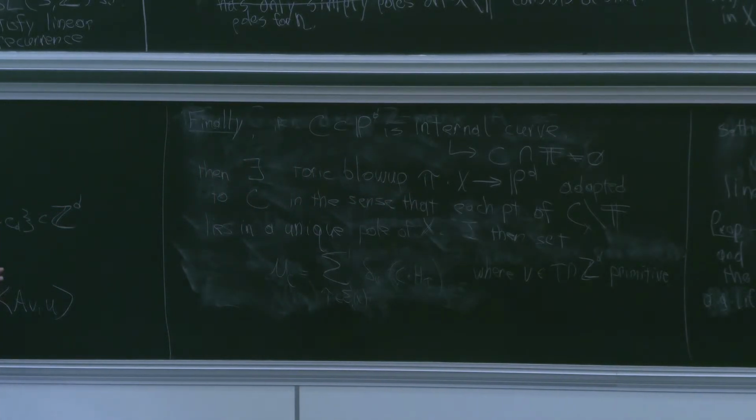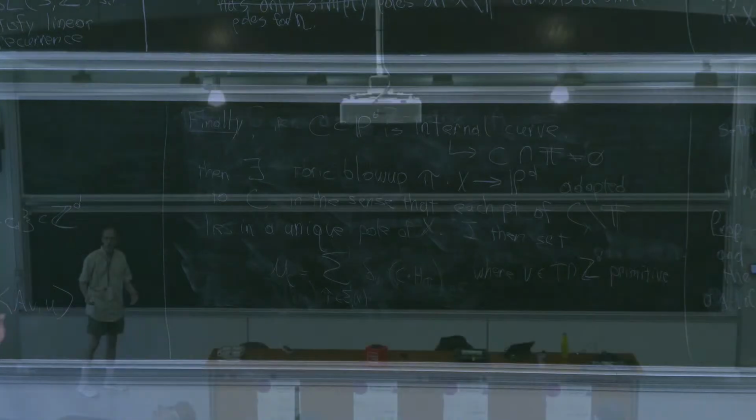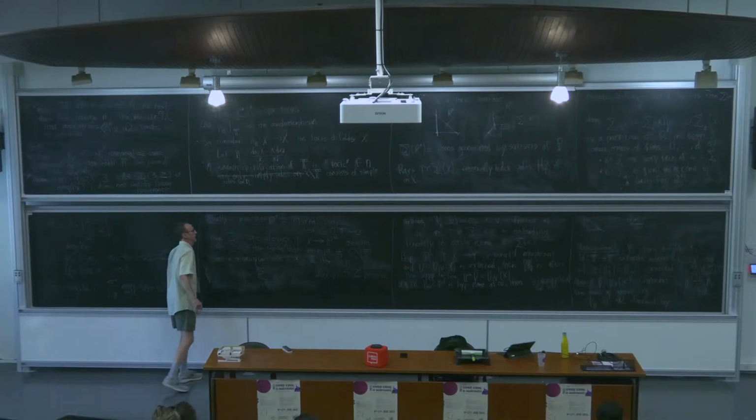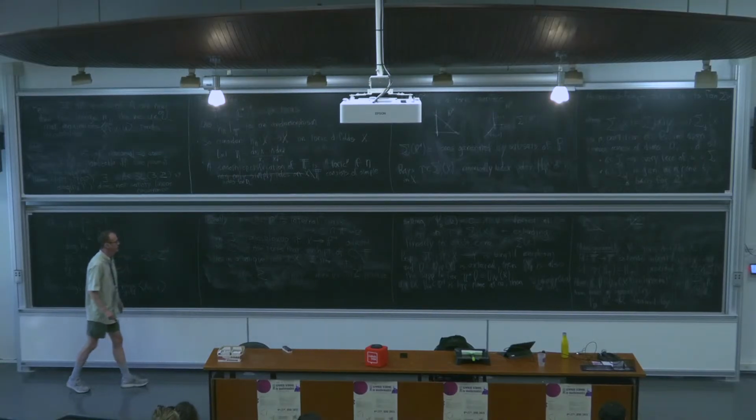Okay, so you do this. It's again maybe over-elaborate. It's just a finite sum of point masses here. But again, it has a kind of invariant meaning because it doesn't matter which adaptation of C you pick here. You're going to get the same measure as long as you have something well adapted to C.